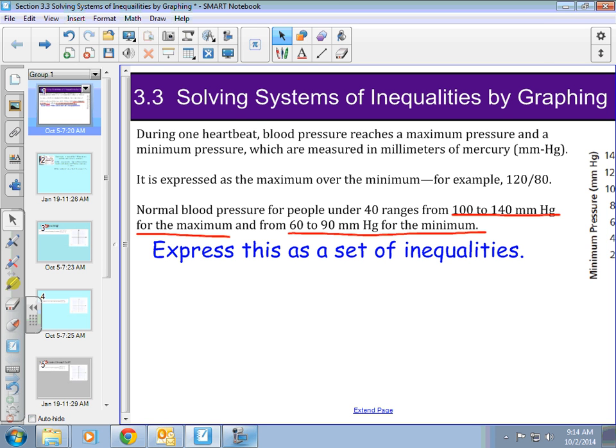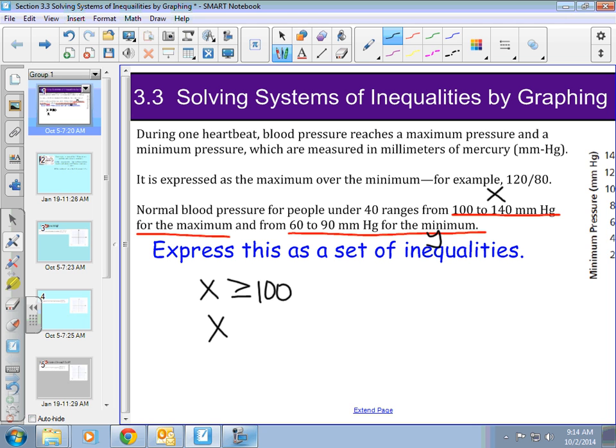If I let my maximum represent my x-axis, and my minimum represent my y-axis. Well, my x values range from 110, so it can't be less than 110, so it has to be greater than or equal to 110.